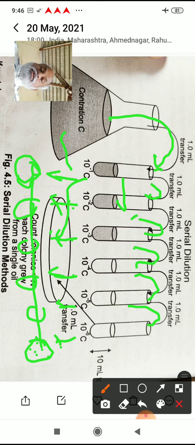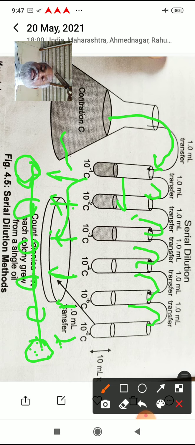So the aim of dilution is to inoculate a series of test tubes with microbial suspension so dilute that there are some tubes showing growth of only one individual microbe.